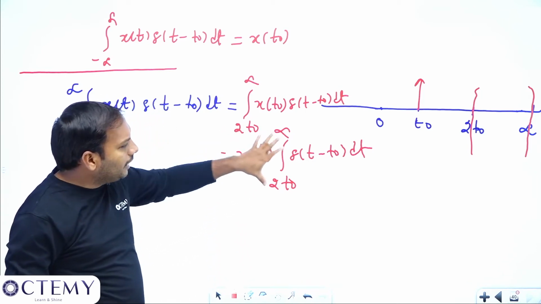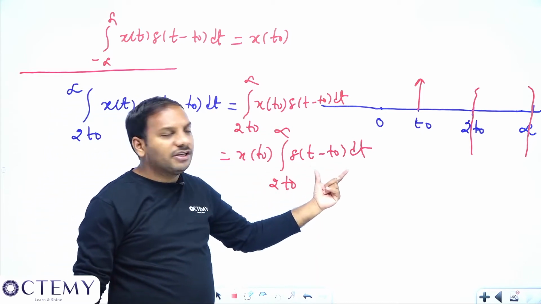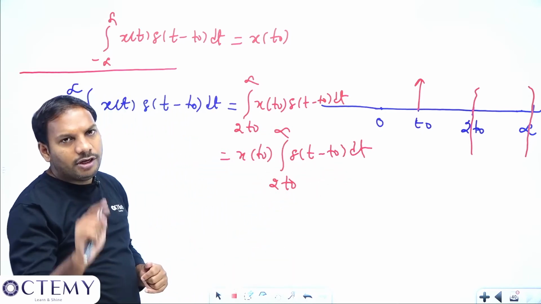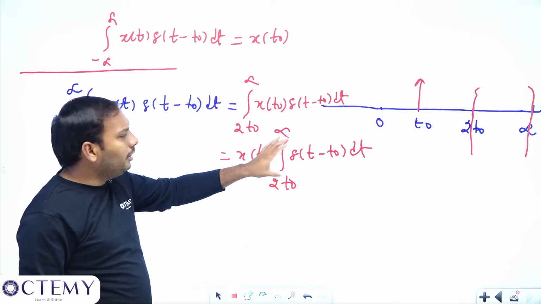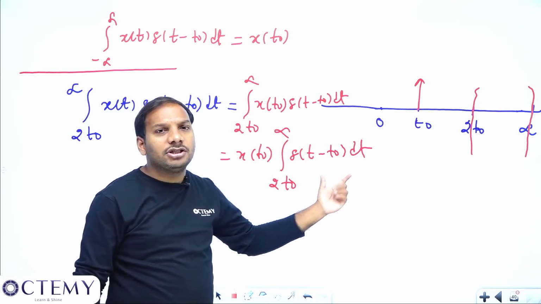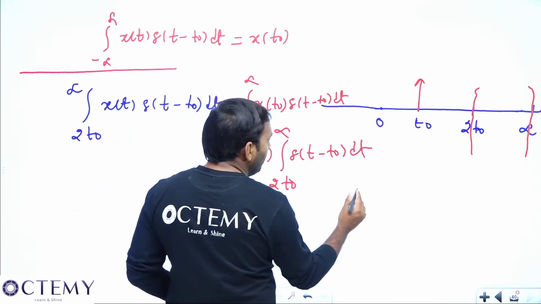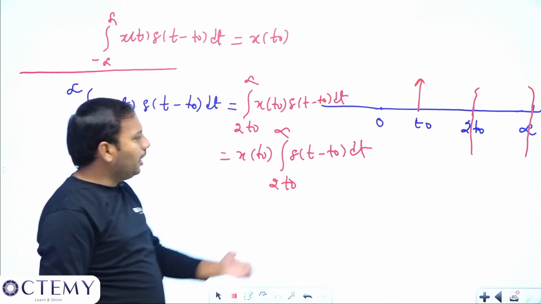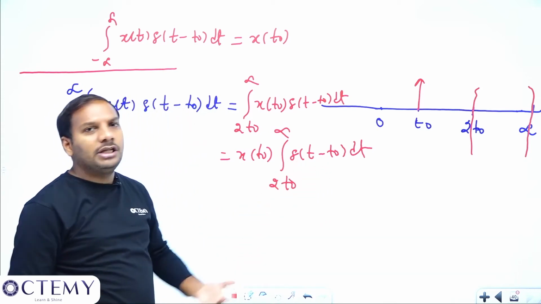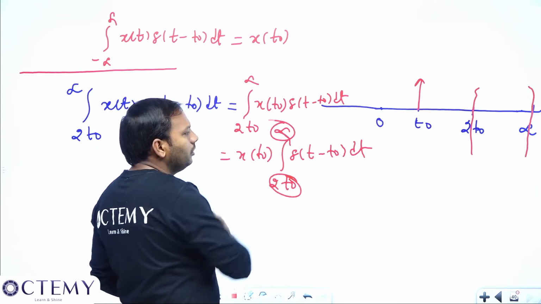You have to check the limits, whether they include the impulse function or exclude it. Once again, very important point. If the impulse is included, then the area is equal to 1. Here the limits are from 2t0 to infinity.